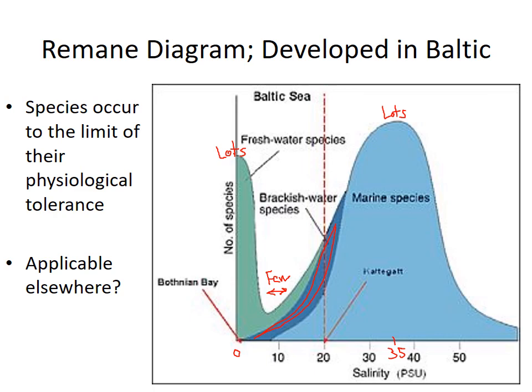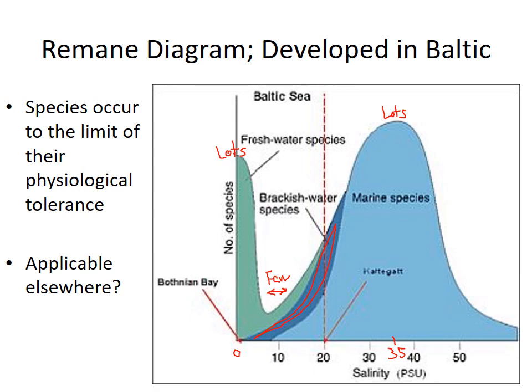And there have been subsequent questions raised about whether this theory developed in the Baltic Sea is applicable to all estuaries. It may not apply perfectly everywhere, but as a general trend, it is still useful. There are definitely fewer species in the in-between salinities of an estuary than there are at either extreme end.